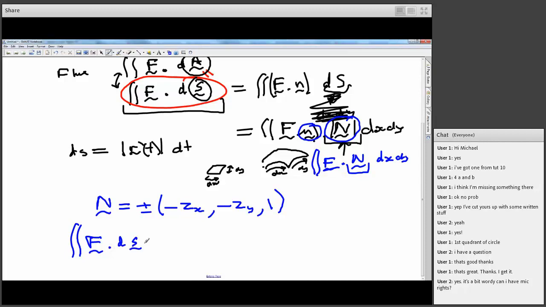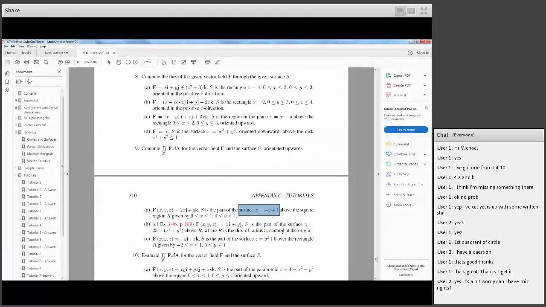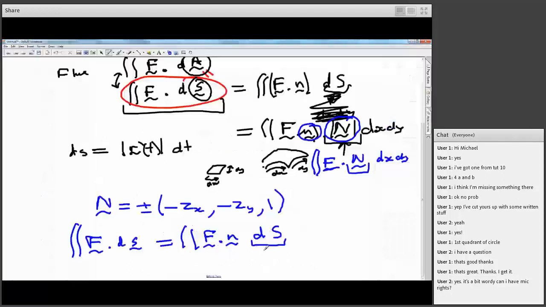I certainly can write it that way. And I know that's going to be F dot n times a bit of surface area. But the problem is this surface area here is not going to be simply dx dy, but rather dx dy times some factor to help work it out.